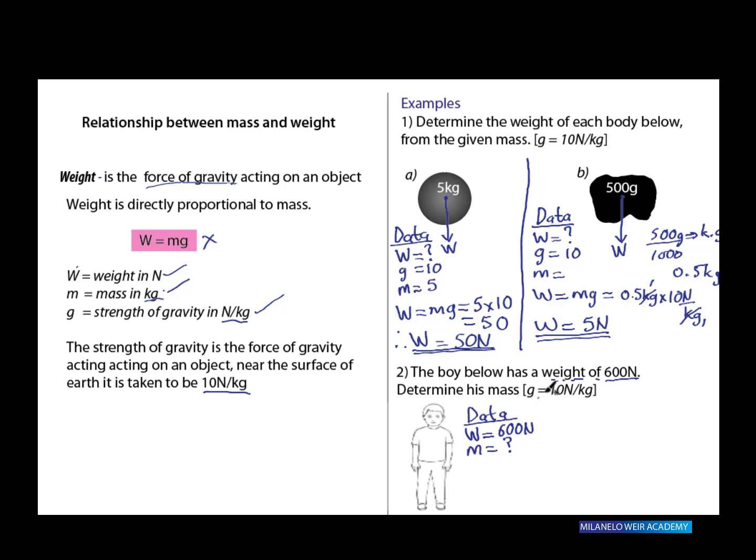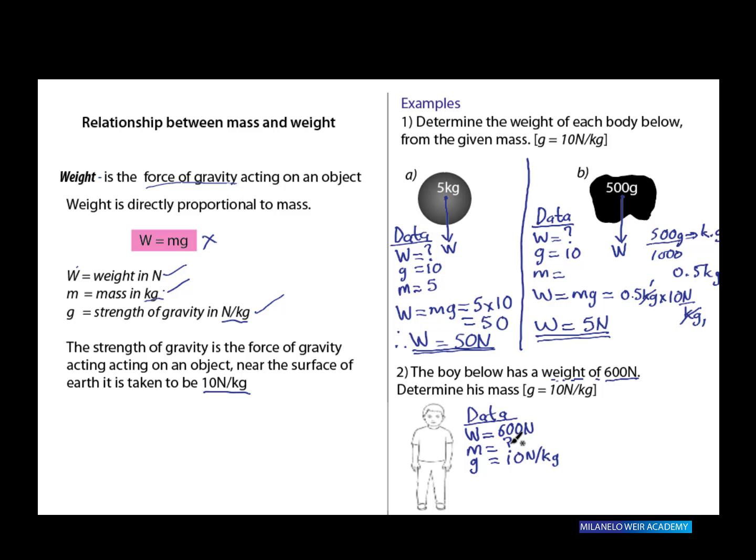So they are telling us, here's the hint. Take G to be 10 Newton per kg, right? G is 10 Newton per kg. So here it is. As you can see, I have included everything which has been provided for us. So we are to find mass. So can we find mass given weight and gravitational strength?